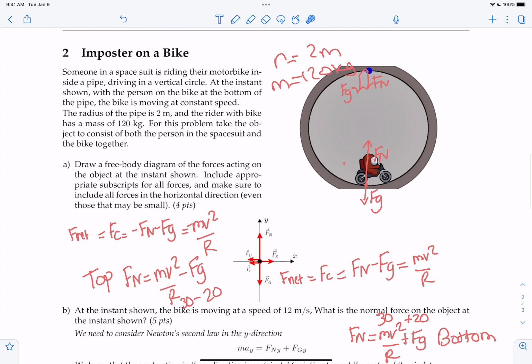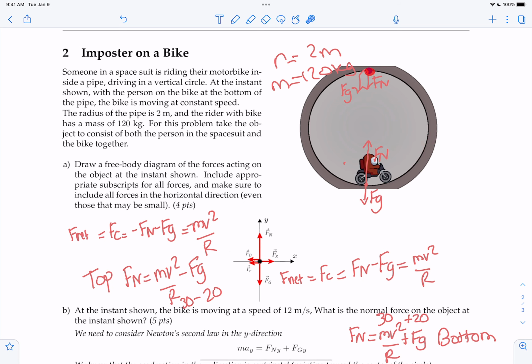And so if it is doing that, then normal force has to be bigger than gravity, because it's pointed towards the center of the circle, giving us centripetal acceleration, giving us centripetal force. So if the centripetal force is directed along the positive y-axis, then the positive y-axis forces must be greater than the negative y-axis forces. So that means Fn has to be greater than Fg at the bottom.